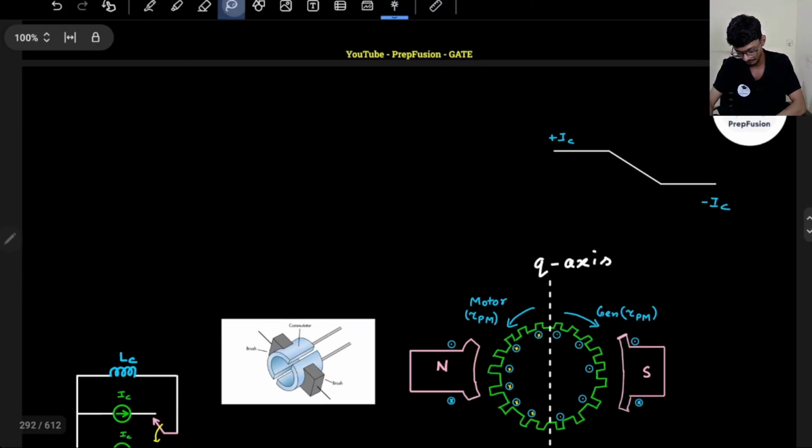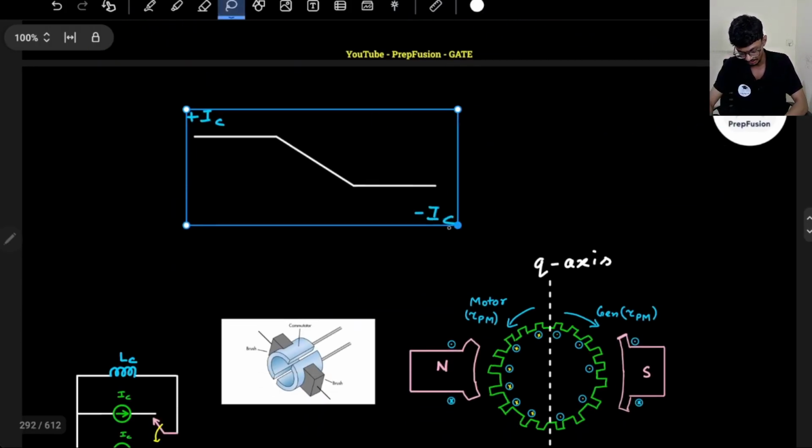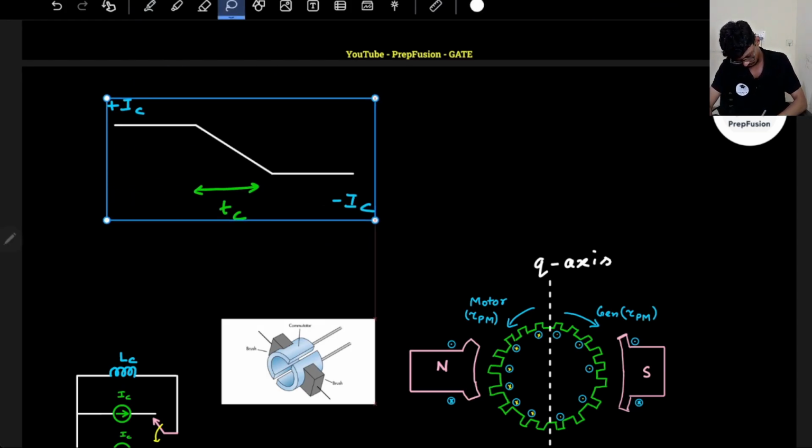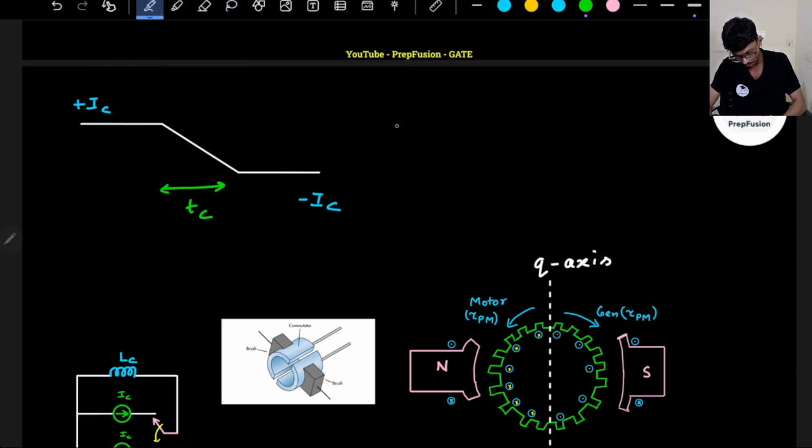So this is basically the graph. So if I assume, let's say in TC time, because it is decreasing linearly, the current is going from plus IC to minus IC. So what will be the reactance voltage, right? Voltage developed across the coil or the brushes.